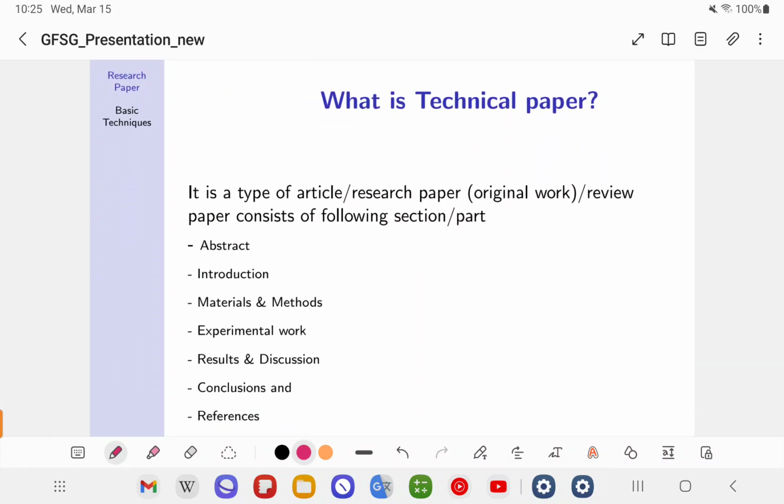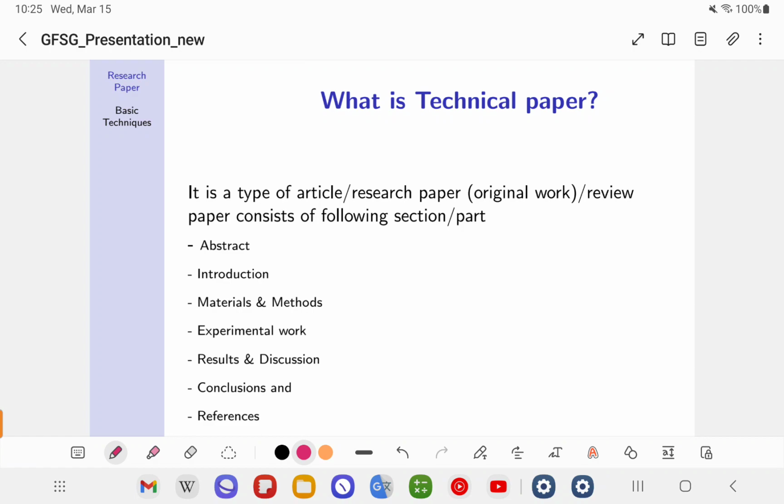Before starting, let me tell you, those who are doing masters or PhD or even undergraduate projects, final year students, this is really useful for them, because whatever experimental work you are carrying out, you can parallelly write that experimental work in terms of a technical paper or research paper.